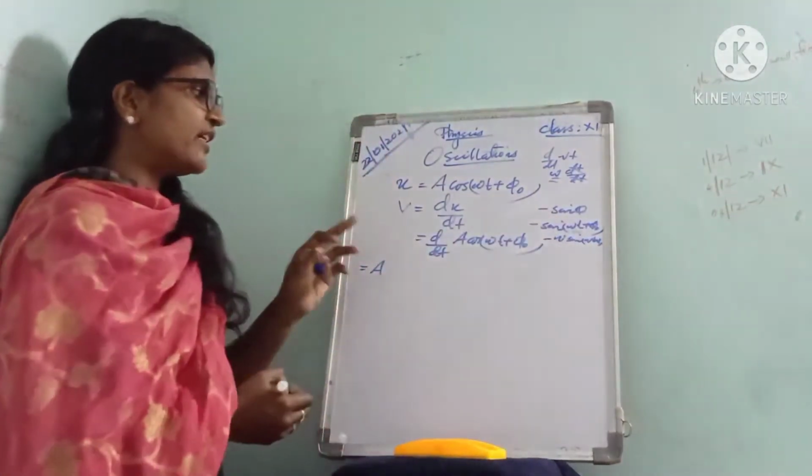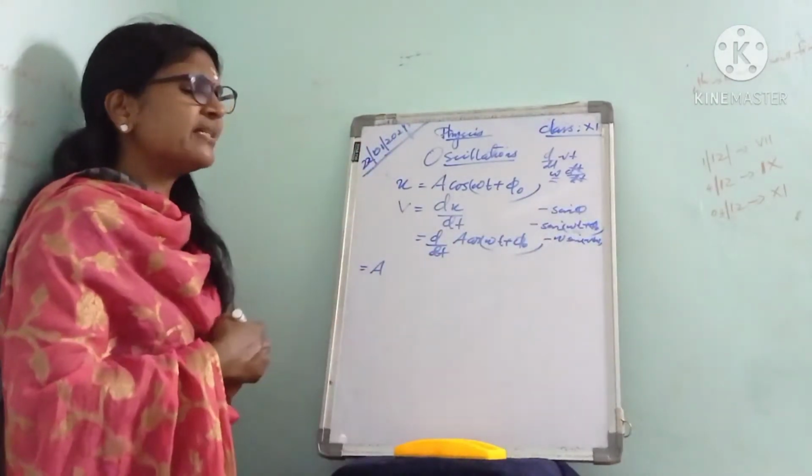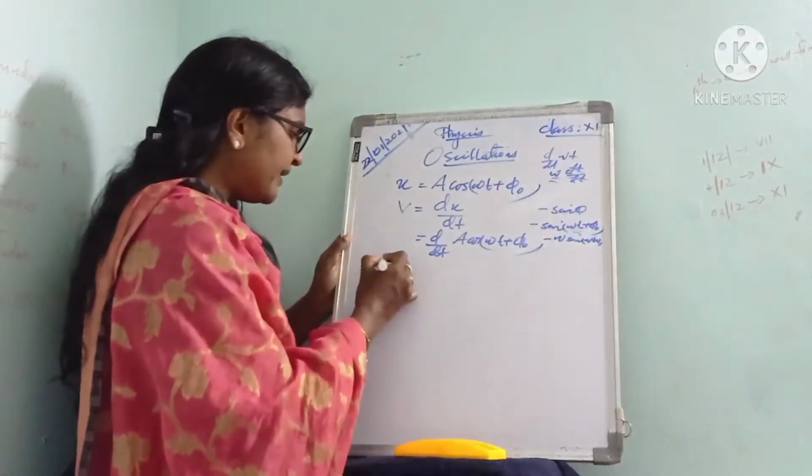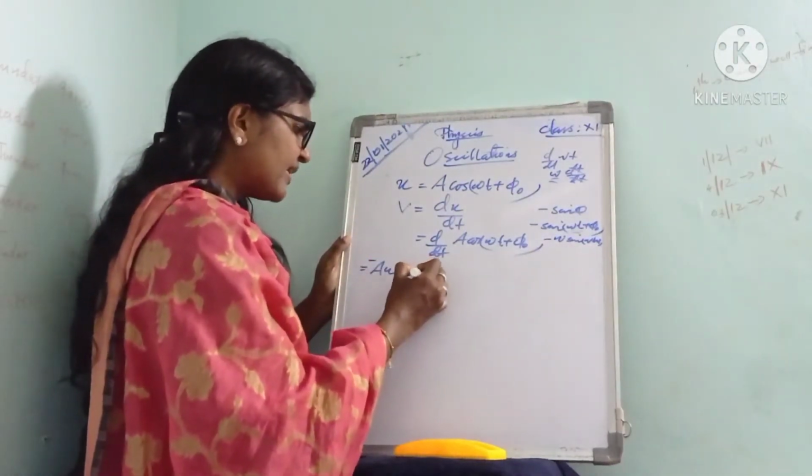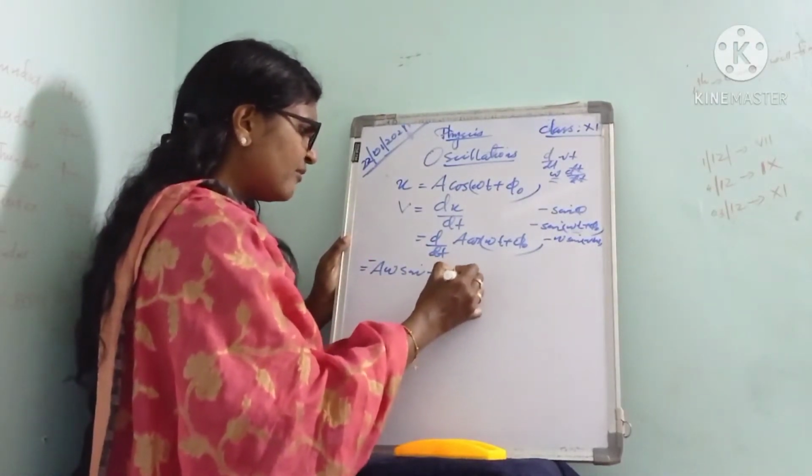That is the differentiation of A cos(omega t plus phi 0). So we got minus A omega sin(omega t plus phi 0).